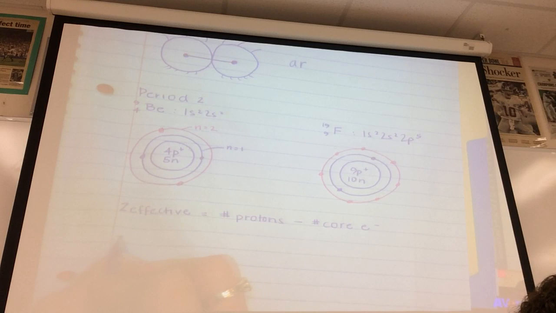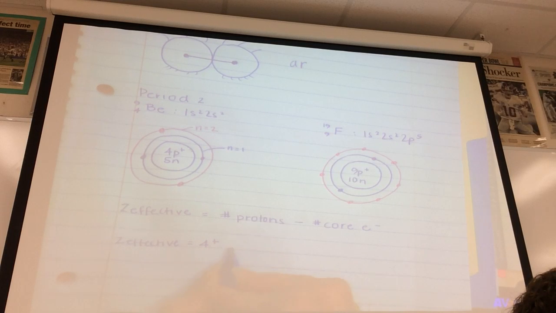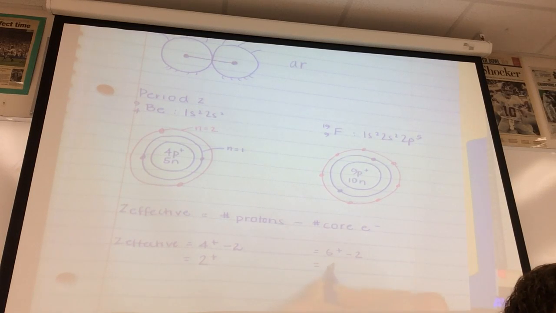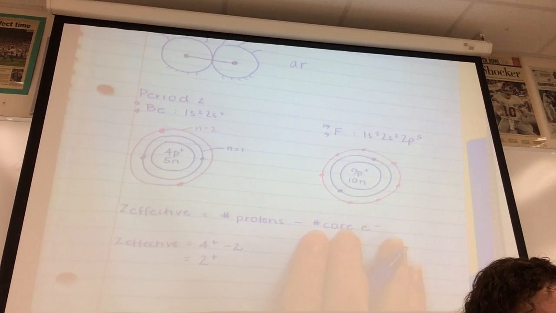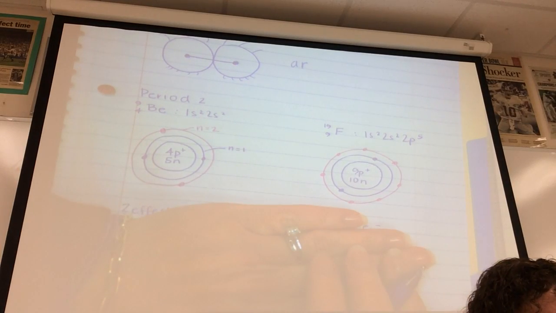So for beryllium, the effective nuclear charge is 4 pluses minus the 2 core electrons, and that's going to be equal to 2 plus. And for fluorine, it's going to be 6 positives minus 2 is 4 positive. That's terrible addition. Don't look at that. I can't believe I did that.